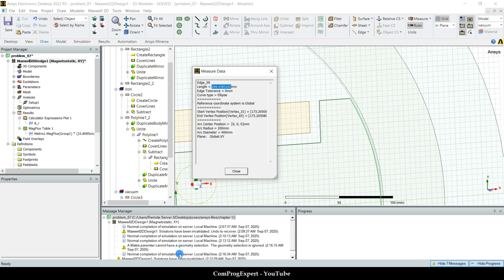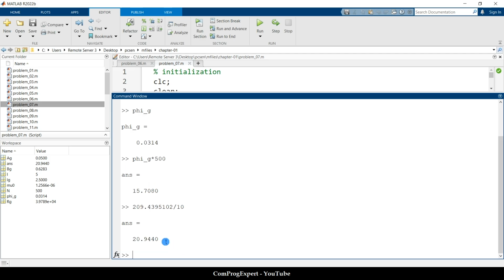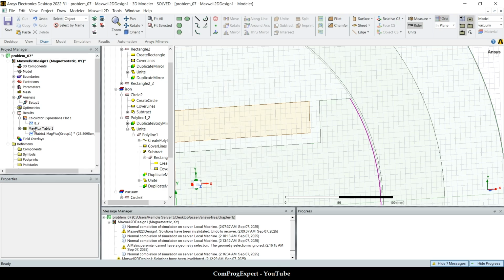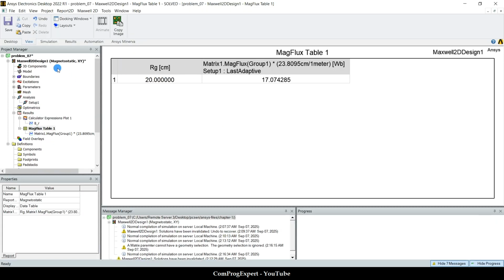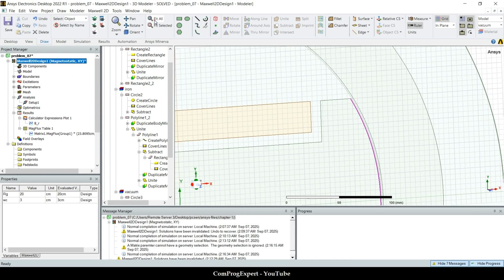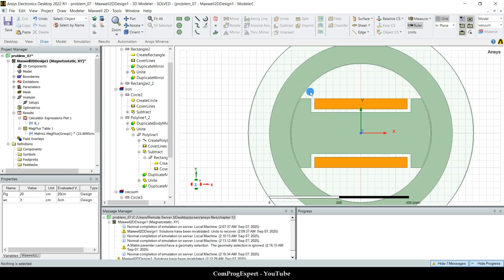This is millimeter divided by 10. Right, this is centimeter. It is close to 21. I think we divided 500 by 21 also. So anyway, these two numbers are close, and maybe we need to modify some dimensions because we use arbitrary numbers. We can adjust the dimensions to get the exact numbers.